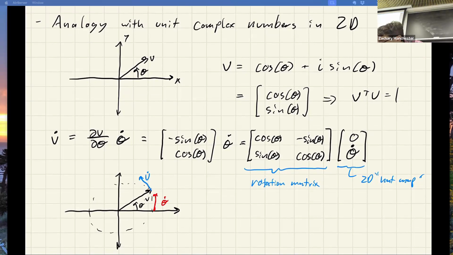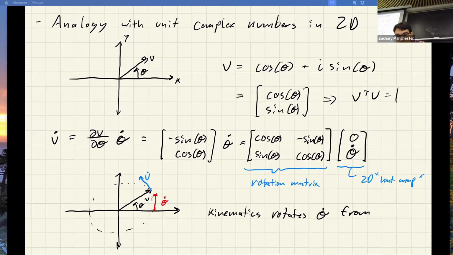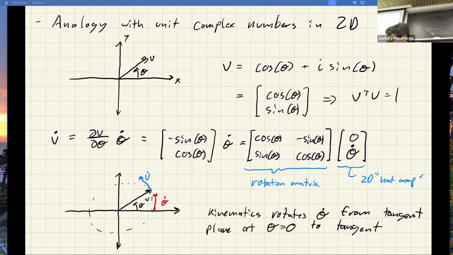Let's see. So this kinematics equation up here rotates theta dot from the tangent plane, which here is the tangent line, at the identity, which is theta equals 0, to the tangent at the current V. Cool.